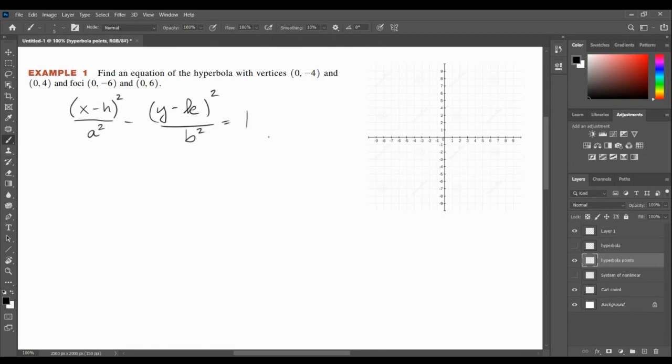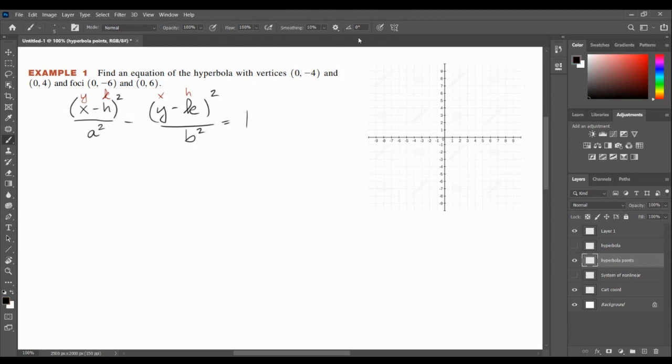That's kind of a general equation of a hyperbola. Sometimes this first one won't be x, it might be the y minus k here, which would put the x minus h here. So those can swap. Everything else will stay just the way it is.